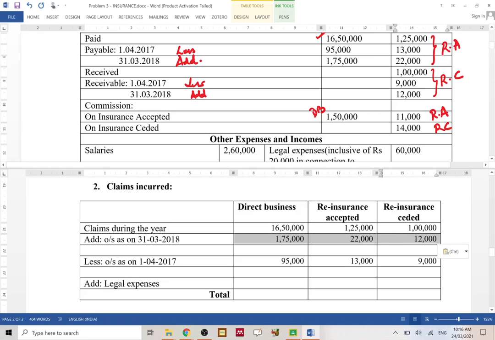Done. So adjust these now, add them up. 1650 plus 175 is 18,25,000. Same way, total of this 1,47,000. I'll go a little fast at this because you can of course check the totals yourself later. 1,12,000.